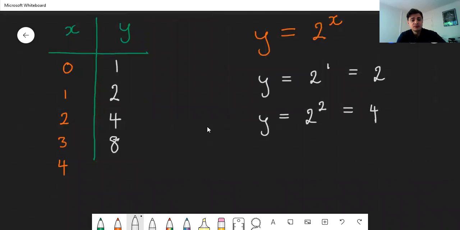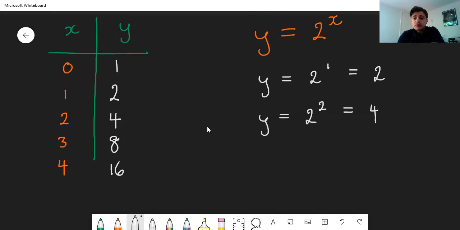And if x is equal to 4, our solution will be 16. So the trend that is coming out of this is that our solutions 1, 2, 4, 8, 16 are growing quite rapidly compared with the x values, which are just going up by 1 every time: 0, 1, 2, 3, 4.